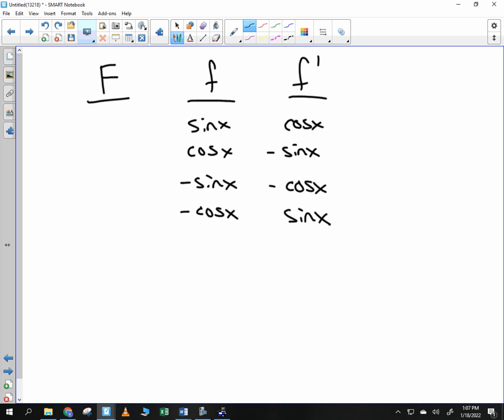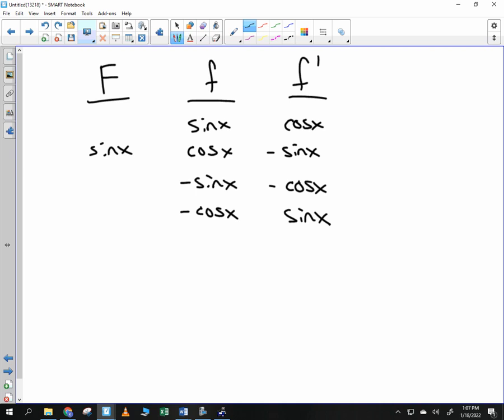This says right here that the antiderivative of cosine is sine. See that? Yep, I just wrote sine.